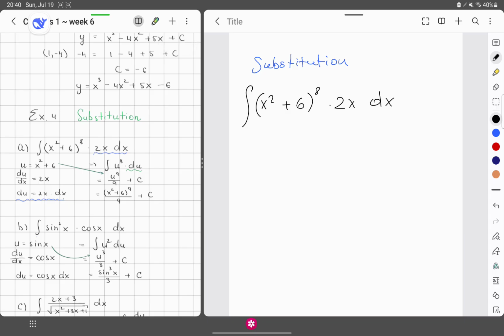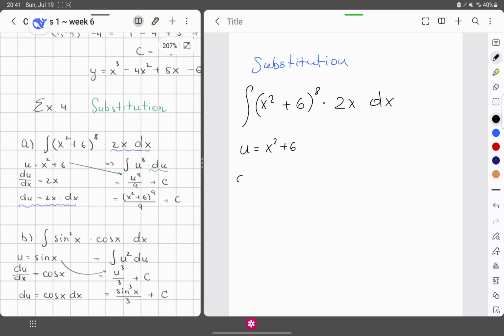We need to think about the derivative of each of them. So the derivative of 2x will be 2, so it won't do anything for us, but the derivative of x squared plus 6 will be 2x. So this one is u, x squared plus 6 equals to u. du over dx is 2x.